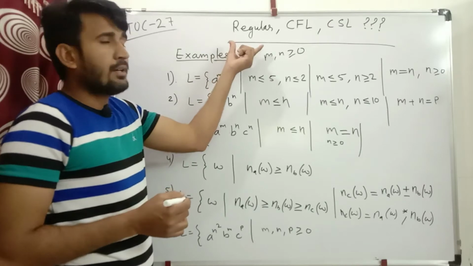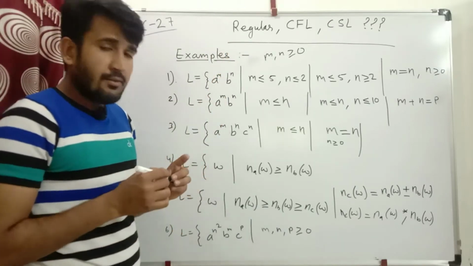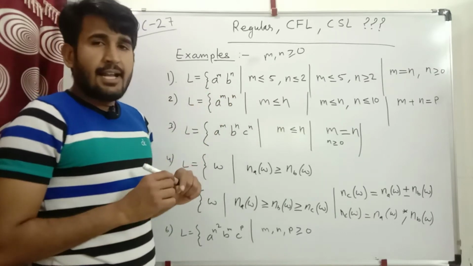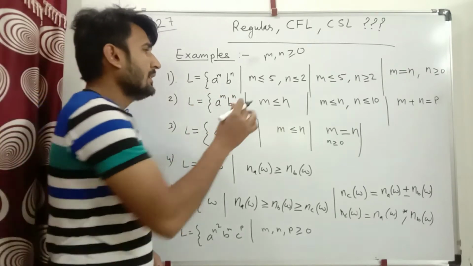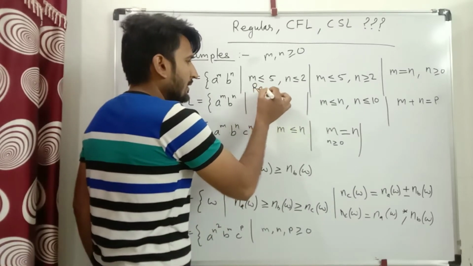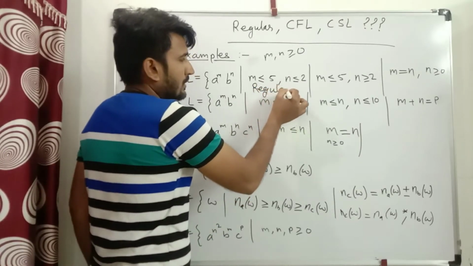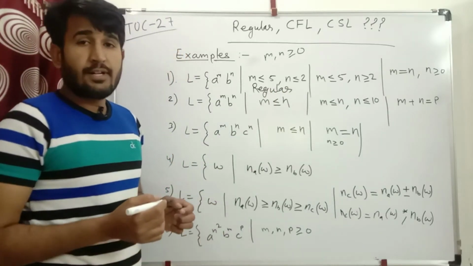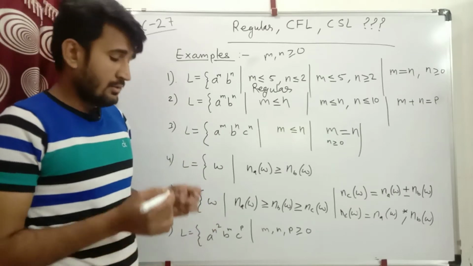In regular languages, the first point I gave is that a finite language is always regular. So this is a finite language, so it is a regular language. I request all of you, please note this down.